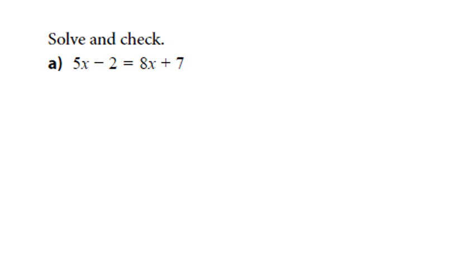Okay, here's another example. It says solve and check. We have 5x minus 2 is equal to 8x plus 7. So what I need to do is isolate so that I have all my variables on one side, and then all my numbers on the other side.